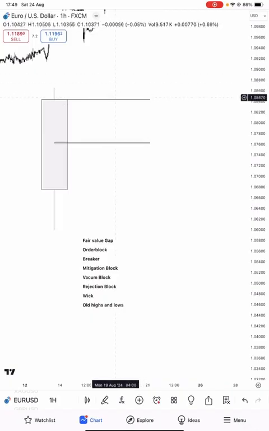If price closes below, and this is important on a higher time frame, if price closes below the opening price, it's reasonable to expect it to reach the 50%.